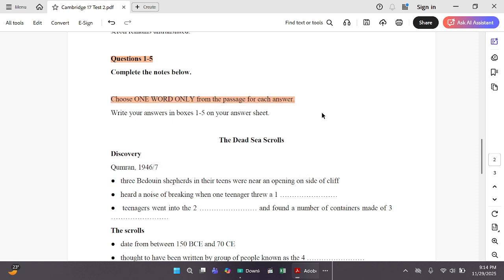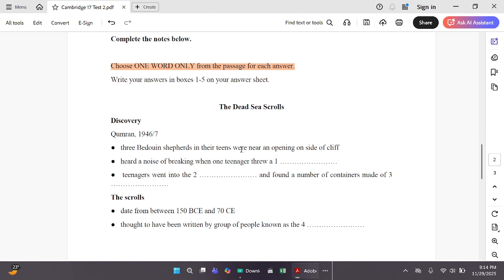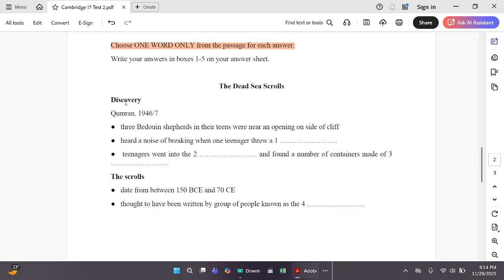As we get this kind of question, what should we do first? First of all, you have to identify some keywords that are convenient for locating the answer. Here we can see some numbers, 1946 or 47.